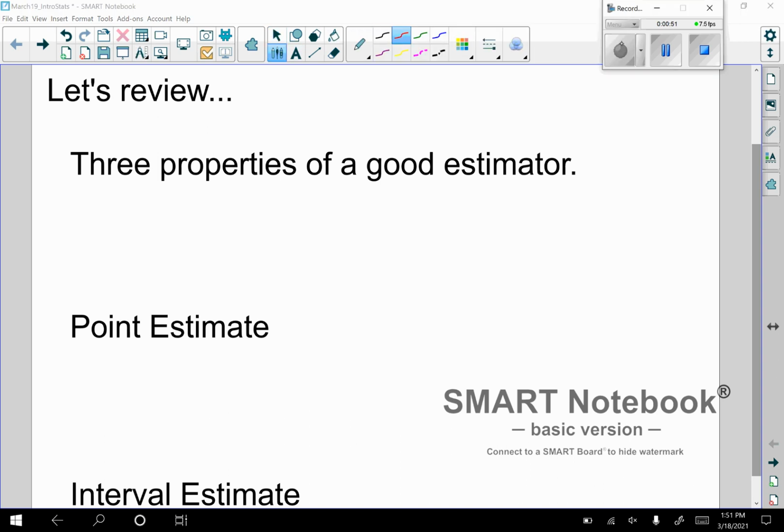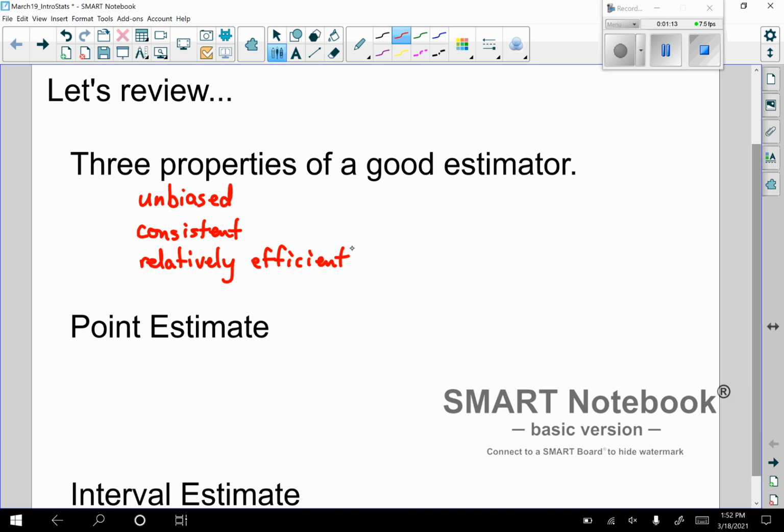But from our notes, three properties of a good estimator is that this estimator needs to be unbiased, consistent, and relatively efficient. So clearly the difference between a point estimate and an interval estimate, we could just go off of the words point and interval.